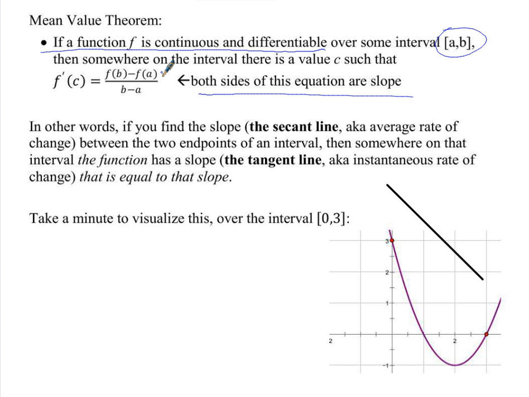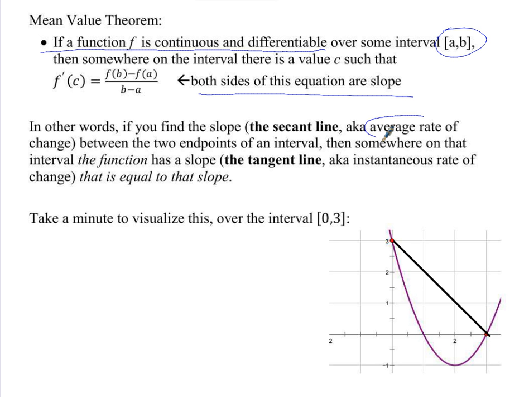So, in other words, if you find the slope, the secant line is the average rate of change. So if I move this line down to here, I get a secant line. Gives me an average rate of change over that interval. That's actually an incredibly important thing to remember.